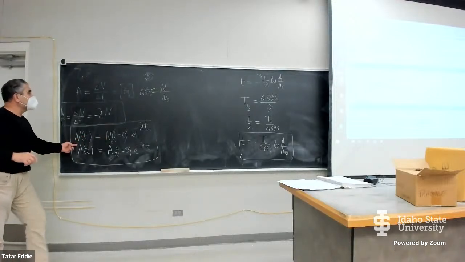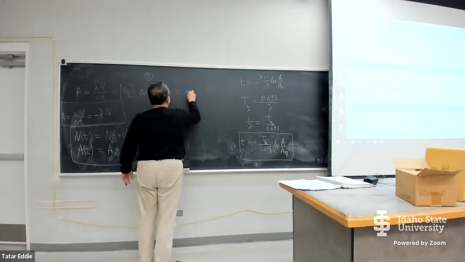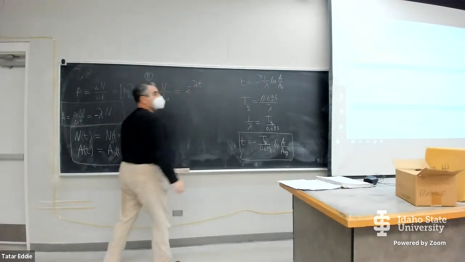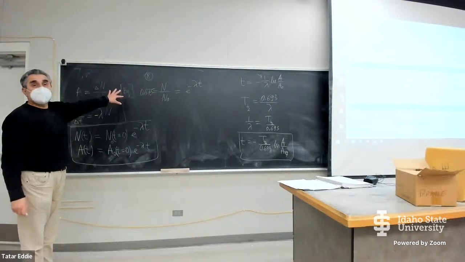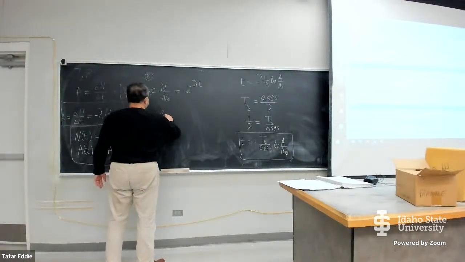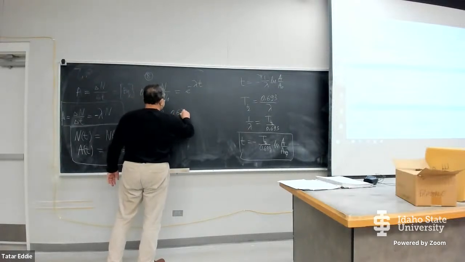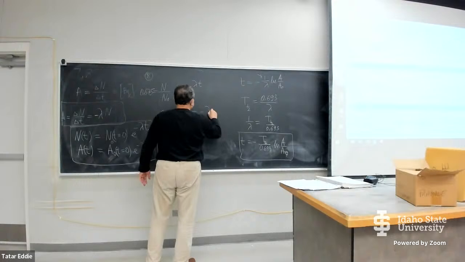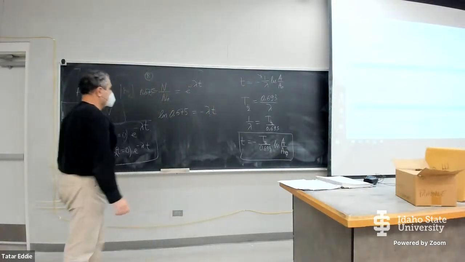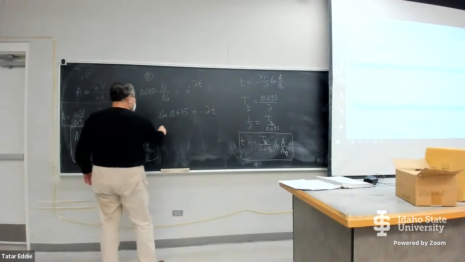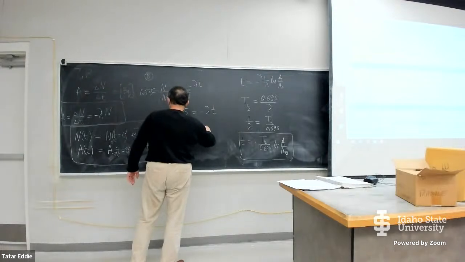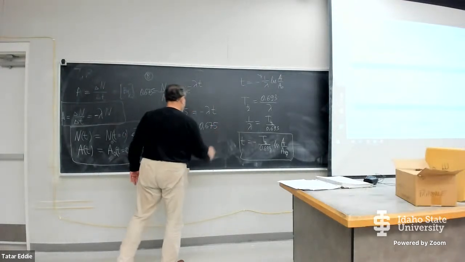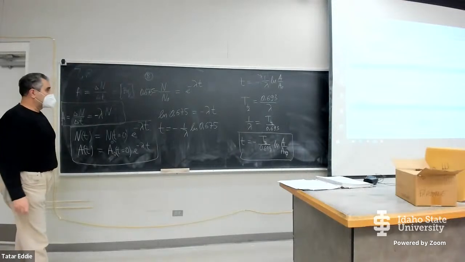N divided by N naught is also equal to e to the negative lambda times the age of the sample, T. Taking the logarithm of both sides, you get the natural logarithm of 0.675 equal to negative lambda times T. And therefore, the age of the sample is equal to negative 1 over lambda times the logarithm of 0.675, for my version of the problem.